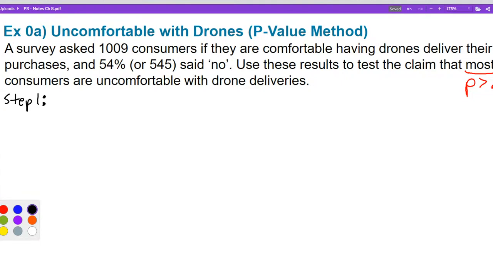If we're talking about most consumers are uncomfortable, you might see the word majority, but we're going to say P greater than 0.5, more than half. Step 2, give me the opposite of that. What's true when that's not true? Well, the opposite of that is P less than or equal to 0.5.